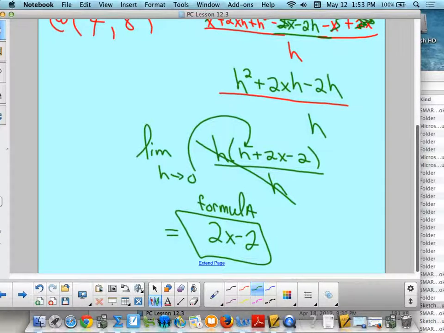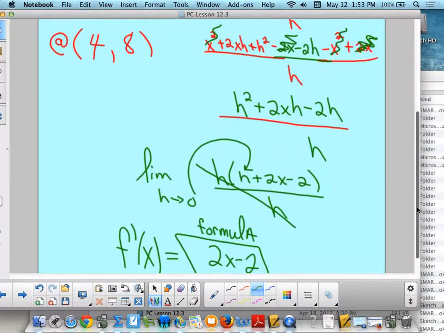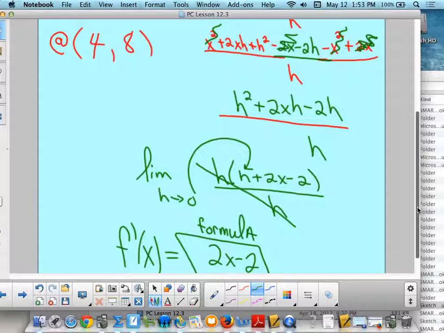Okay. Do you know that the formula is the derivative? The derivative is a formula that will get you the slope at any point. That's the one we defined first. And what point did I want? I wanted the slope at 4.